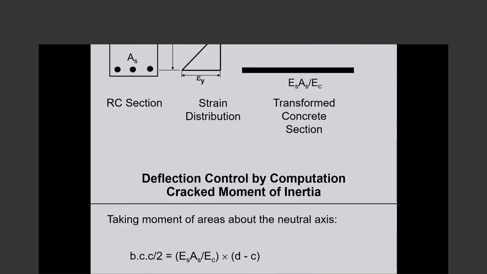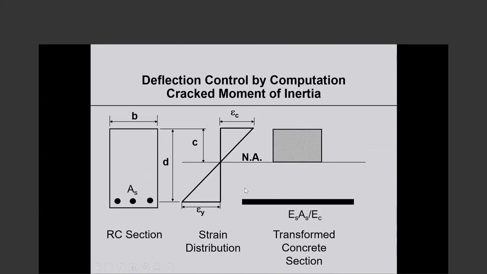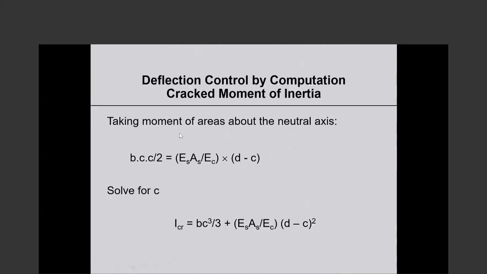As it says here, by taking moment of areas above the neutral axis, we can find the neutral axis depth from this expression. And once we have the neutral axis depth, the cracked moment of inertia from strength of materials comes out to this.